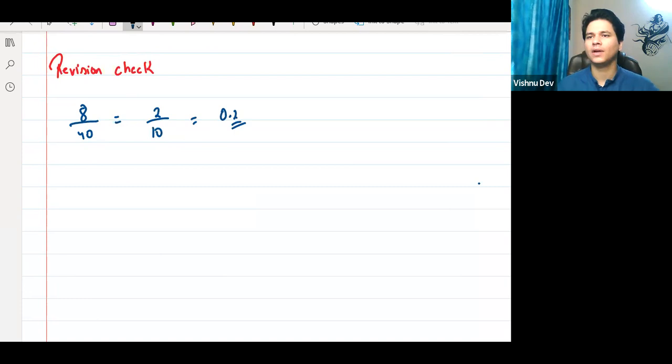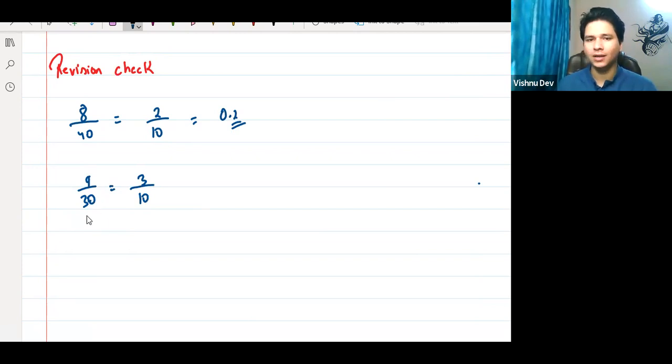Whenever we have this kind of problem, for example 9 by 30, I should not say, sir, it is 30, we cannot convert. I will convert it into the simplest form first. 9 by 30 can be written as 3 by 10. I should not just take the denominator without looking at my numerator.